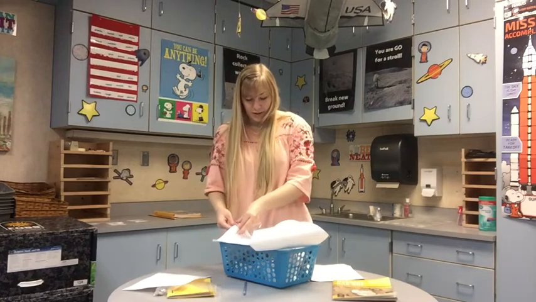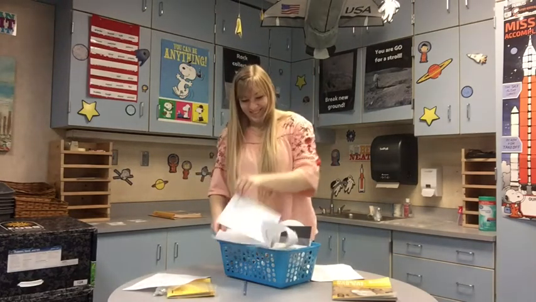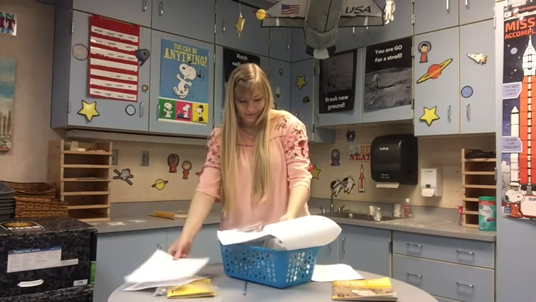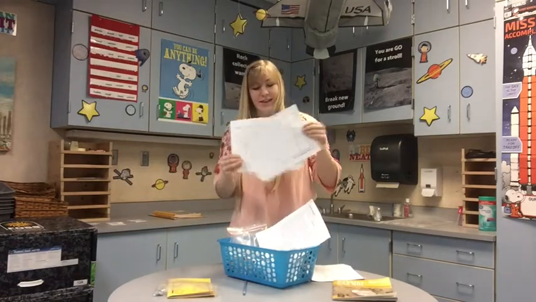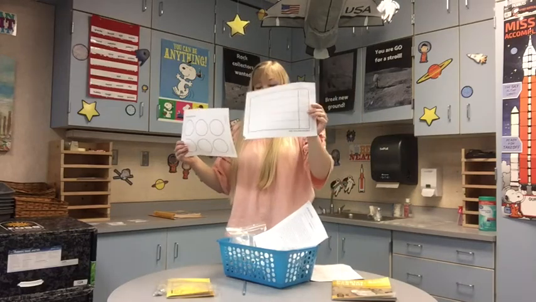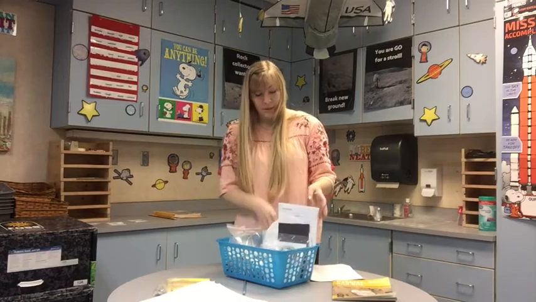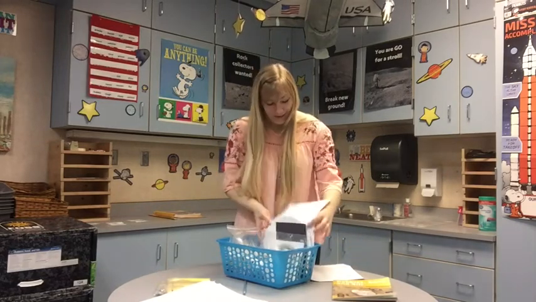Then I have another sorting mat that looks like this. Pull that one out. We just need these 2 sorting mats, the one that is circles and the one that is rectangles. So grab those 2, and then put your paper packet back in.